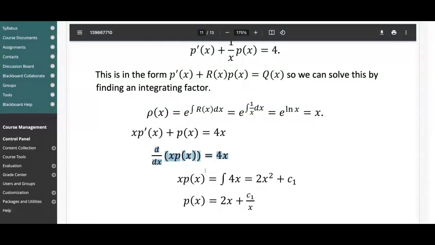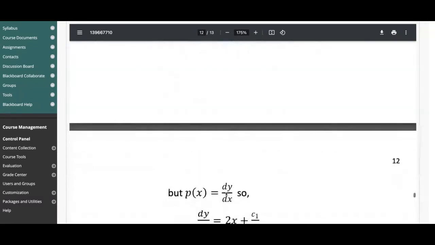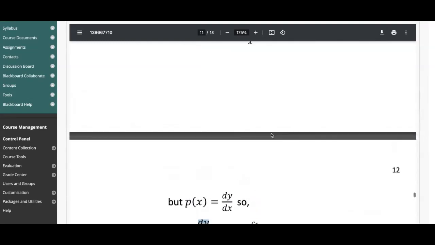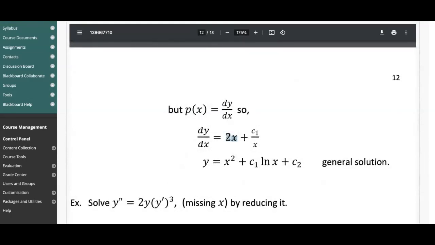We integrate this, we get x p of x. Integrate 4x, get 2x squared plus some constant. So we have solved for p of x. Now we can substitute this back in p. So p equals dy over dx, so dy dx equals this, which is 2x plus a constant divided by x.